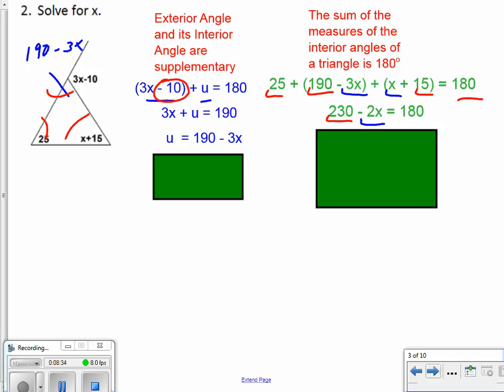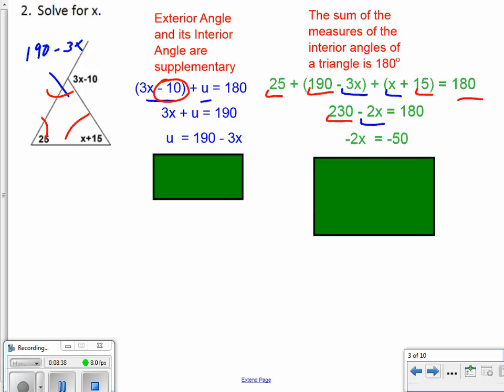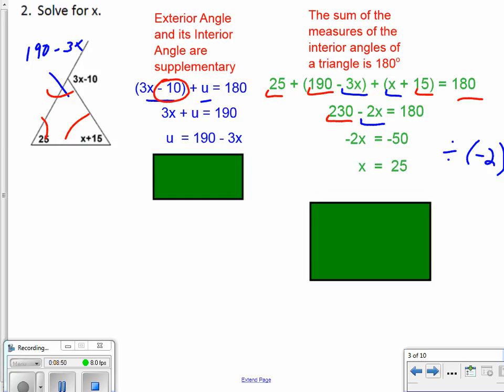Solving from there, I would subtract 230 from both sides. I would have negative 2x equals negative 50. And then I'd divide both sides by that negative 2, which would leave us with x equals 25.